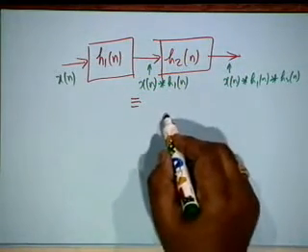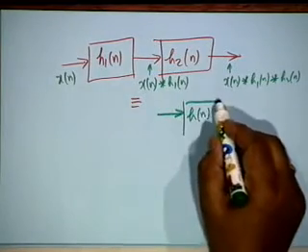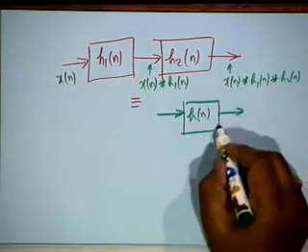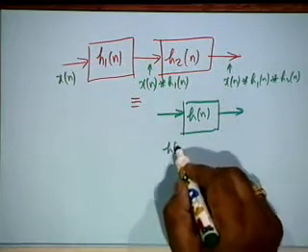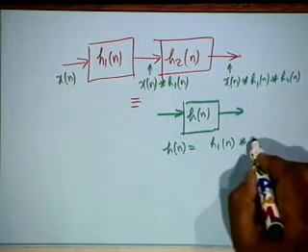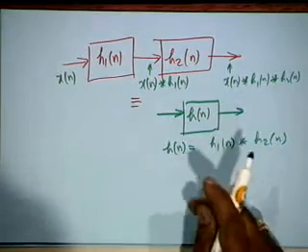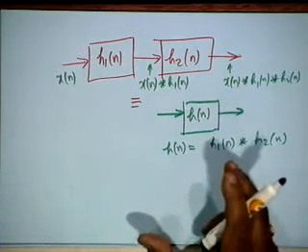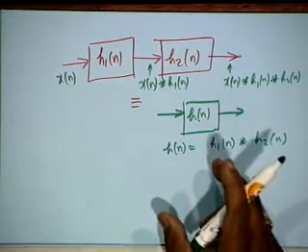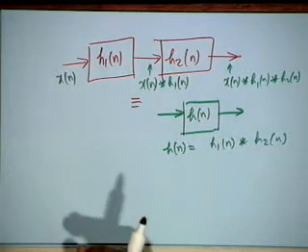So obviously this is equivalent to a single system whose impulse response is h of n, and h of n shall be equal to h1 of n star h2 of n. So in a cascaded system, the overall impulse response is the convolution of the individual impulse responses.